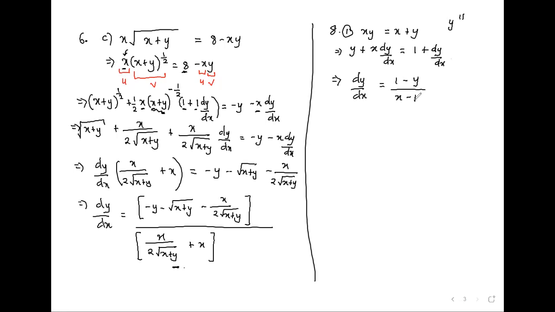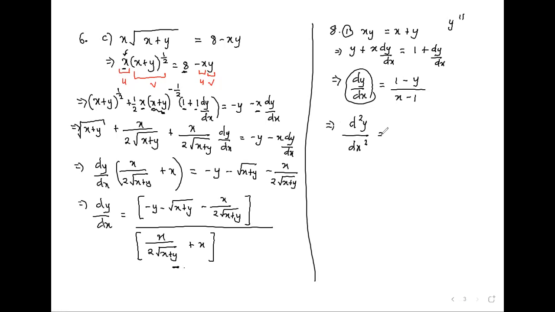Then to get the second derivative now, you differentiate this one. It becomes d2y dx squared. When you differentiate 1, that is 0. So here now I'm using quotient rule.